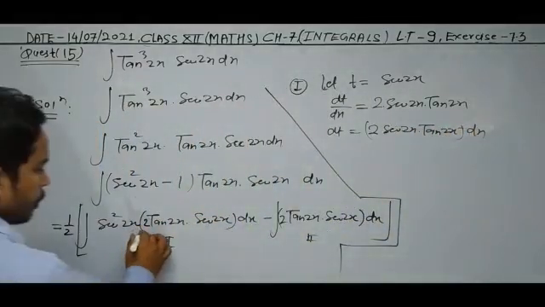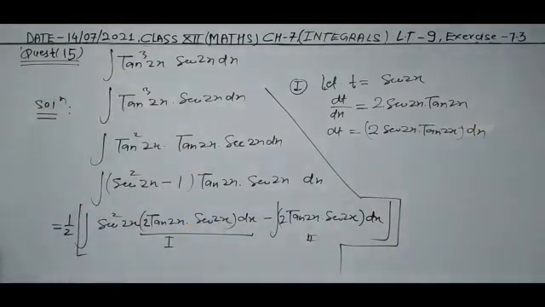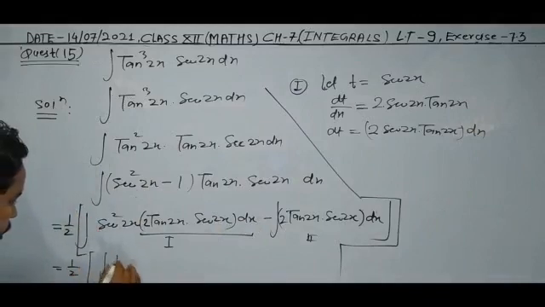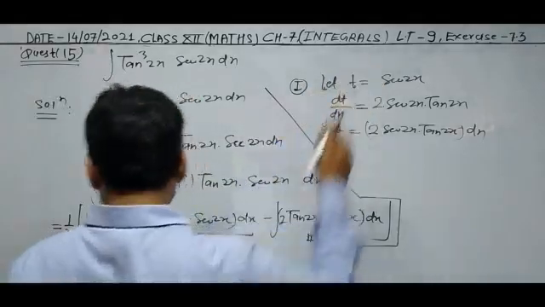So this whole result will be dt and this will be t. So its integration will be t square dt, where t is sec 2x.